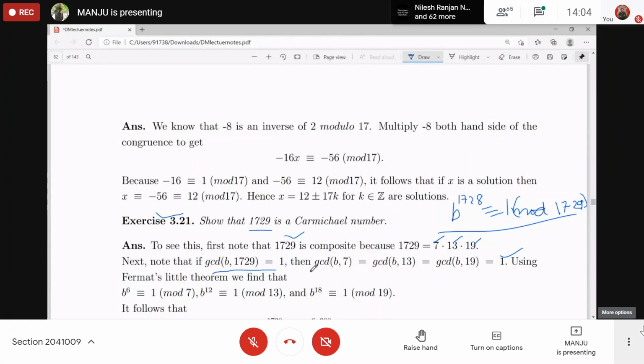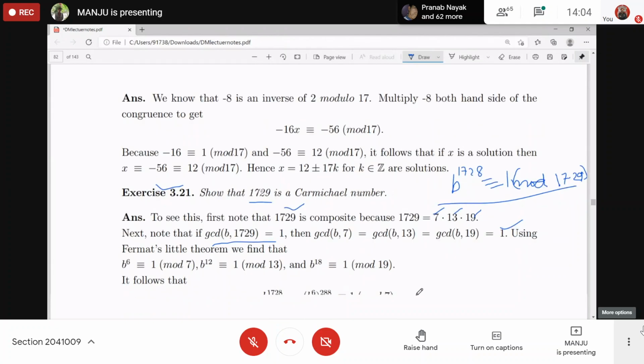So by using Fermat's Little theorem, we can write b raised to power 7 minus 1, that is b raised to power 6, is congruent to 1 modulo 7, and b to the power 13 minus 1, that will be b to the power 12, is congruent to 1 modulo 13, and then b raised to power 19 minus 1 is congruent to 1 modulo 19. Clear?